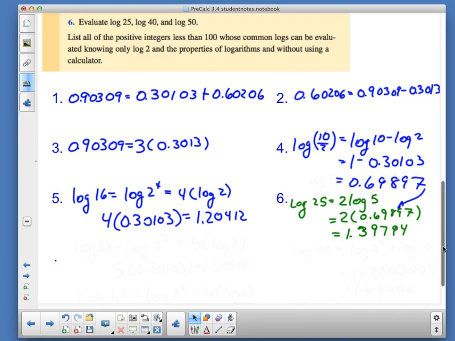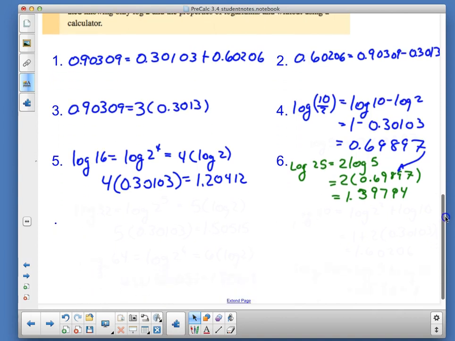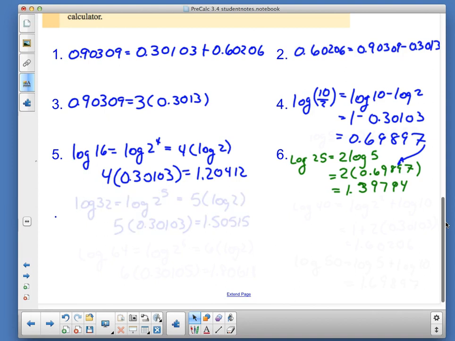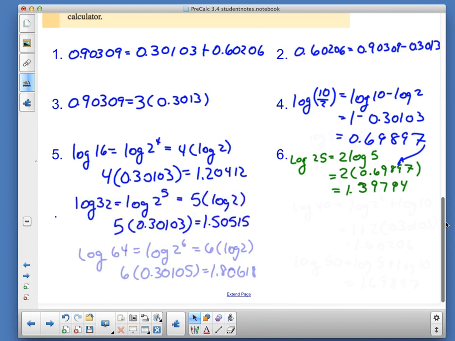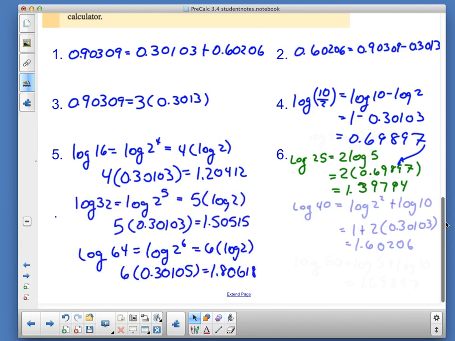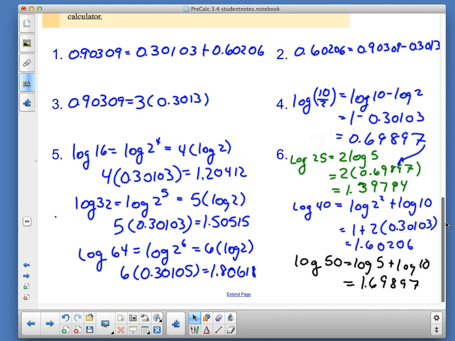Okay, because 10 divided by 2 is 5, and we got the log of 5 going on there. So I've got that. But I didn't get those other ones in there yet. So I've got the log of 32 and the log of 64 down here. And I got my 40 and I got my 50 going on here, just so you could see what was going on with them.